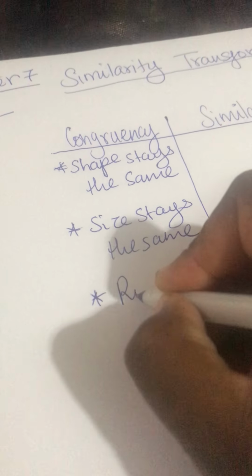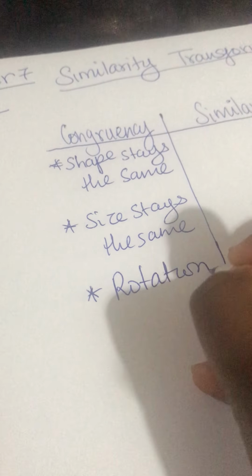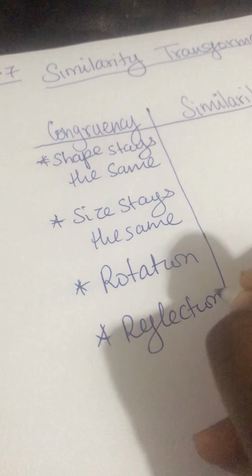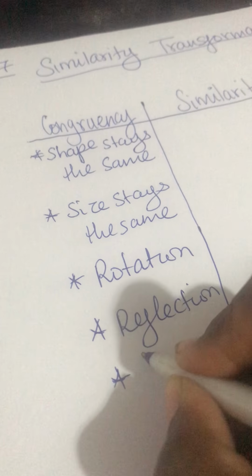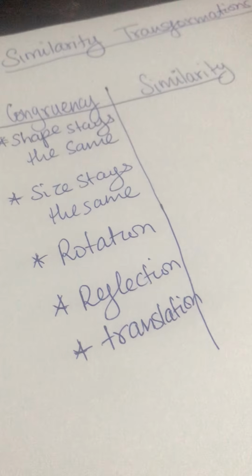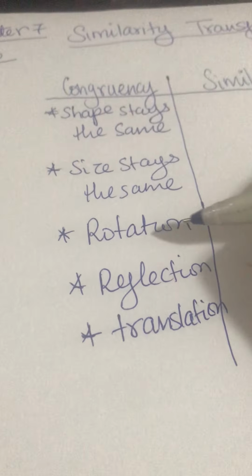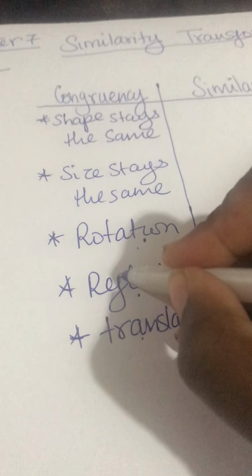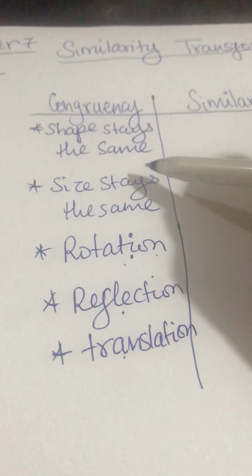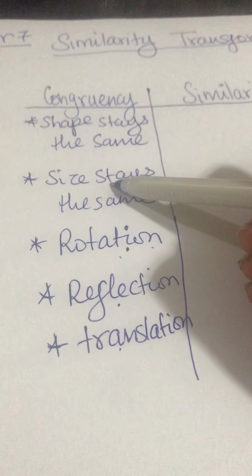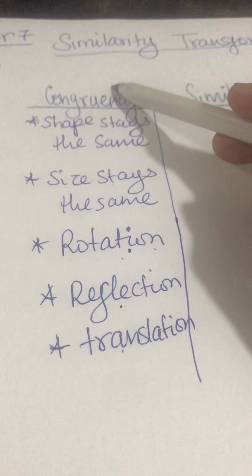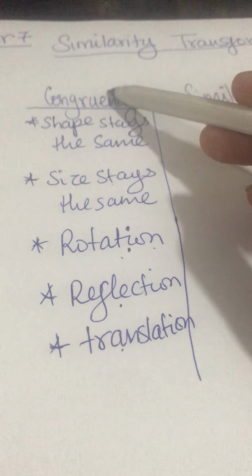Those will be rotation, reflection, and translation. Okay? With these three transformations, the shape stays the same, the size stays the same. That is why we are saying they are the only ones we deal with when it comes to congruency.